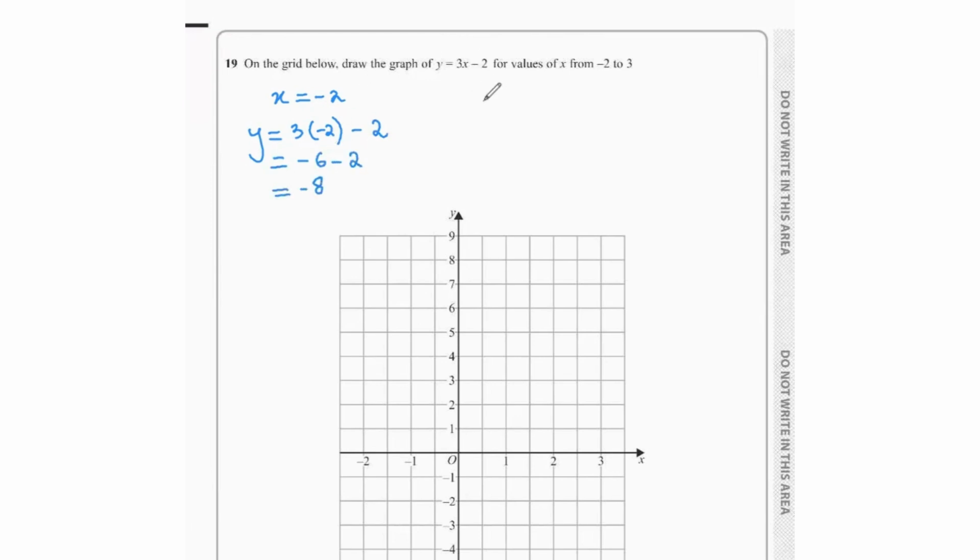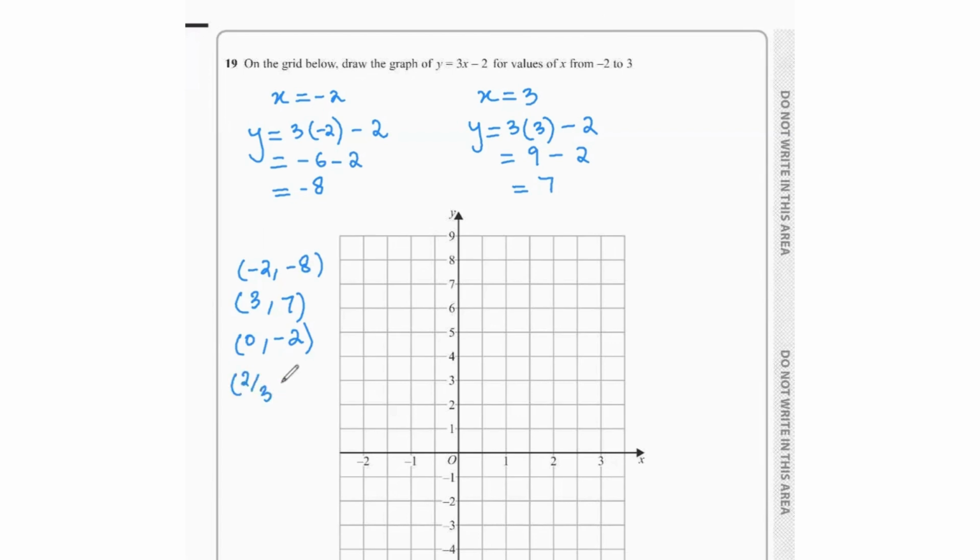That's -8. And when you put x equals 3, that's y equals 3 times 3 minus 2, 9 minus 2, and that is 7. So we have -2, -8, and we have 3, 7. Y-intercept is -2, so when x is 0, y is -2. And when y is 0, x is 2/3. So I think that's enough values for us to sketch the graph.